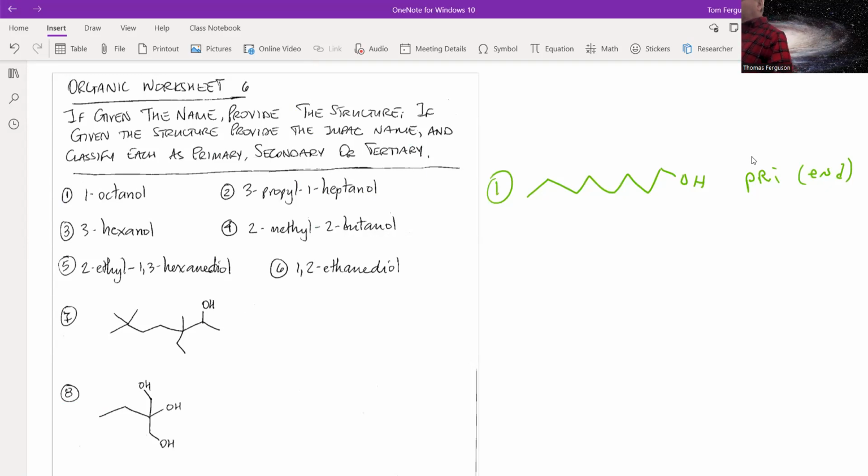3-propyl 1-heptanol. Heptanol is 7 carbons long. 3-propyl 1-heptanol, and it is also primary.